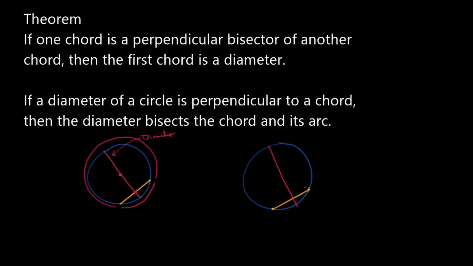Then the only way that it can be perpendicular to this chord is if it bisects it, so it divides it into congruent parts.